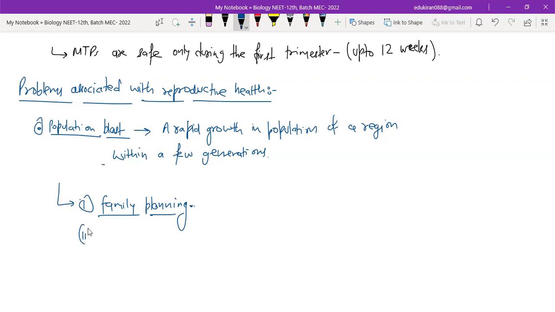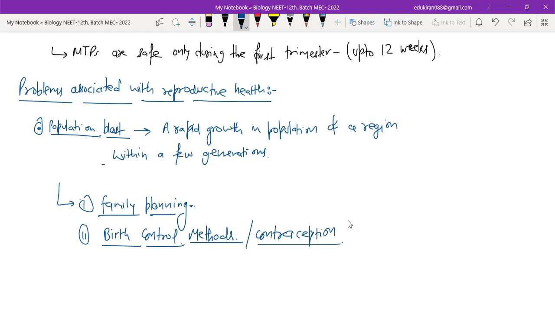And then how can we do it? How can we achieve family planning or control of the population? Second thing is birth control methods, or contraception.